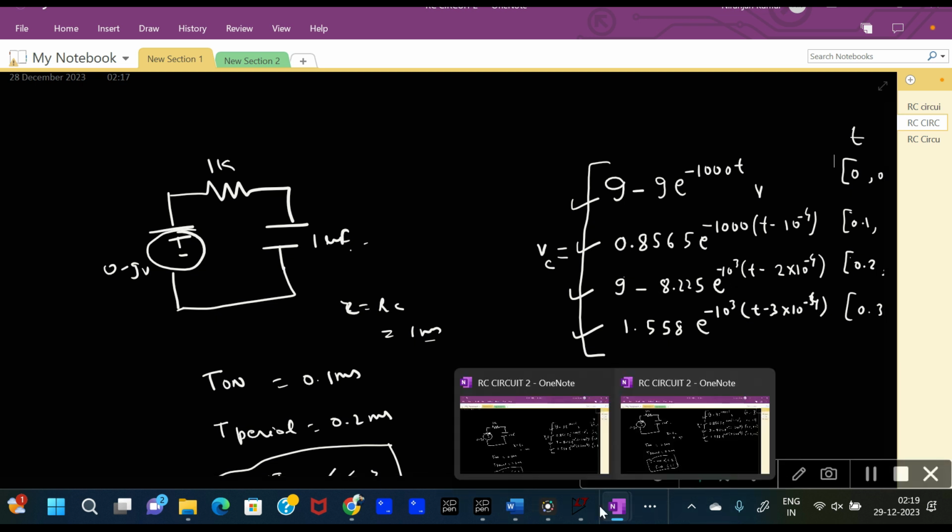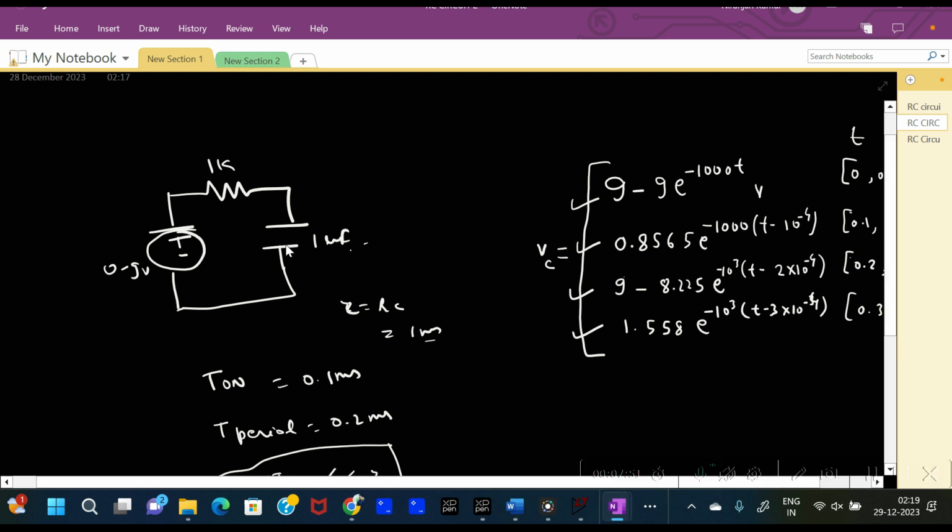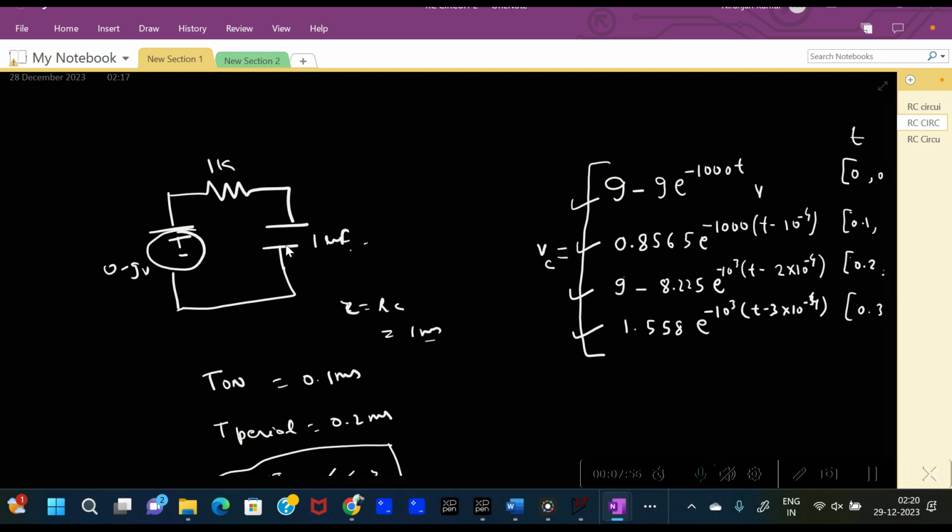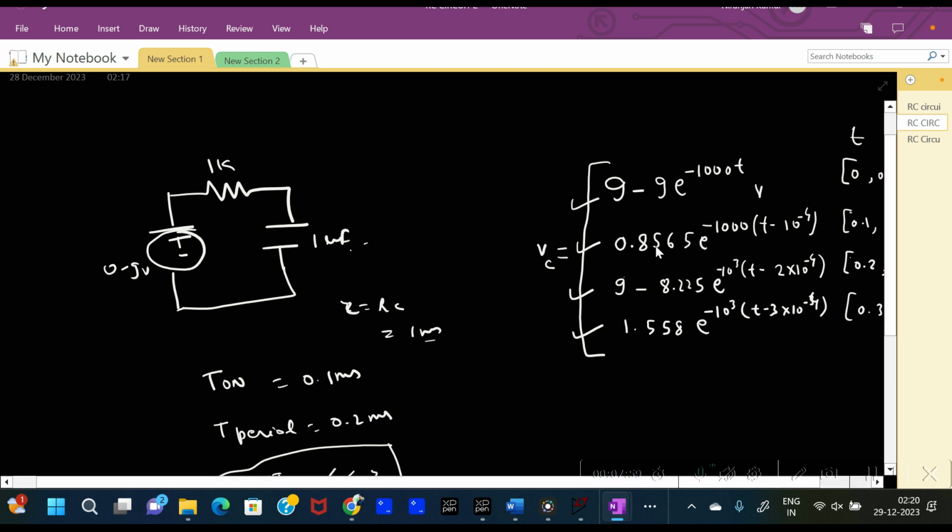The time to discharge this capacitor requires at least 1 tau, which is 1 millisecond. But we are giving it only 0.1 millisecond to discharge, and that's why it will not completely discharge.